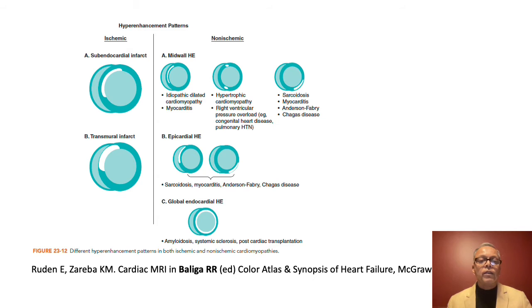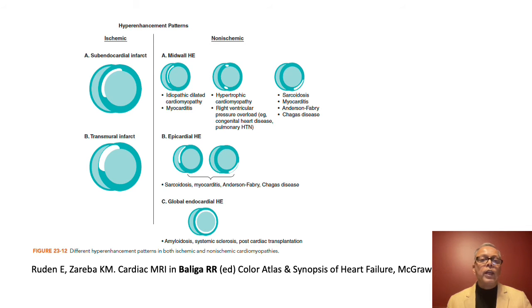In a terrific chapter in the same Color Atlas and Synopsis of Heart Failure, Dr. Emily Rudin and Carolina Zariba talk about different hyperenhancement patterns. For example, on the right side is non-ischemic LV dysfunction. Mid-wall hyperenhancement is seen in myocarditis, and that could be either near the LV septum or in the free wall.